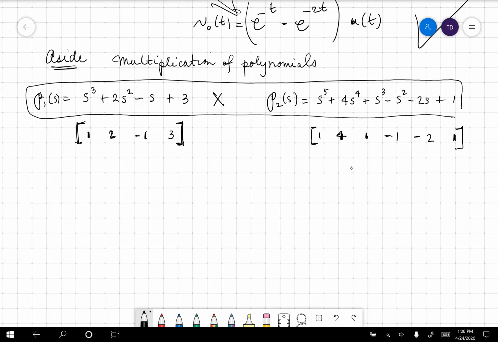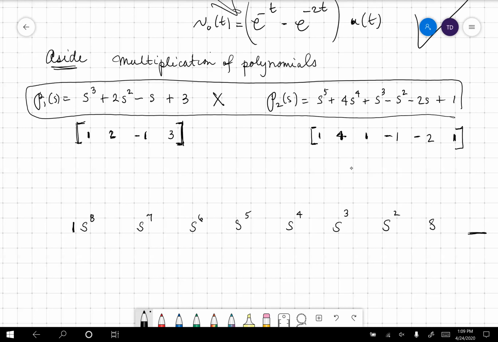First of all, we're going to get an answer with an s to the 8th power, s to the 7th, 6th, 5th, 4th, 3rd, 2nd, an s, and then a constant. We don't know what the values in between are. I think every one of us can see that this leading coefficient is going to be 1.